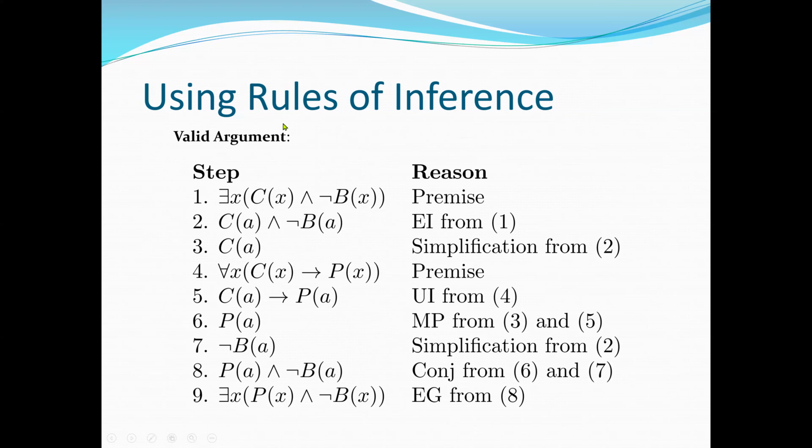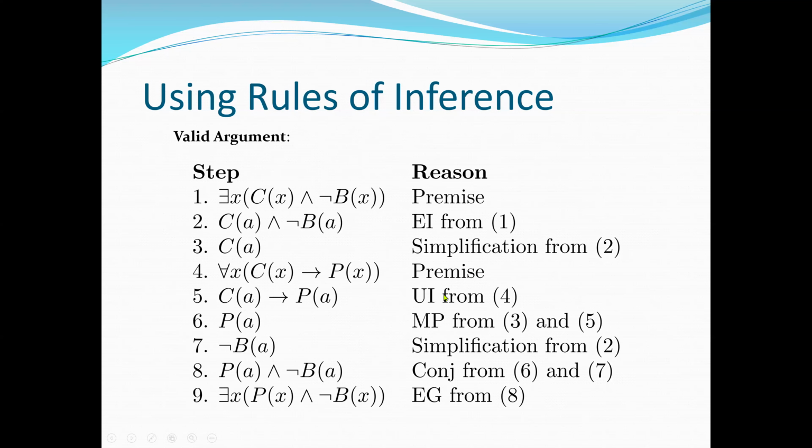So these are some of the rules of inference. For the example, we say: there exists x, C(x) and not B(x) is a premise. C(a) and not B(a) is EI from 1. Then C(a) is simplification. For all x, C(x) implies P(x) is a premise.